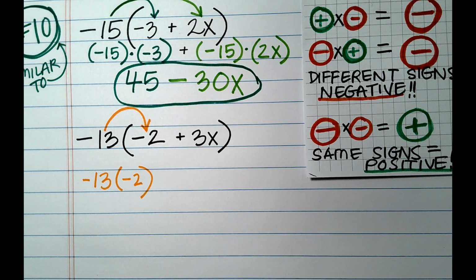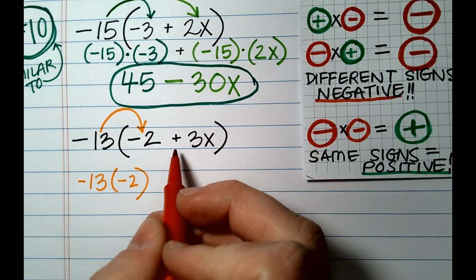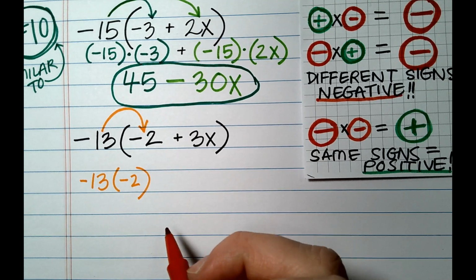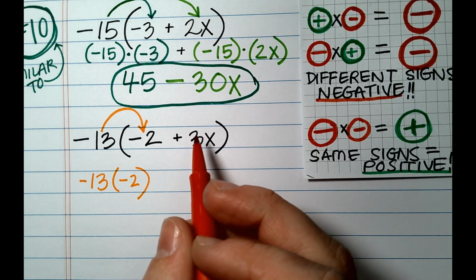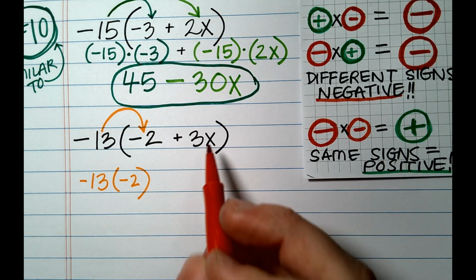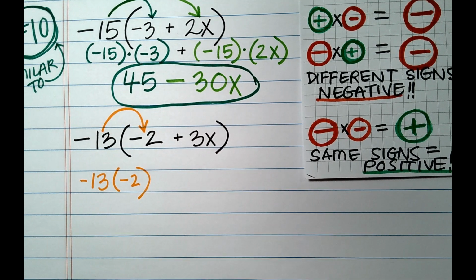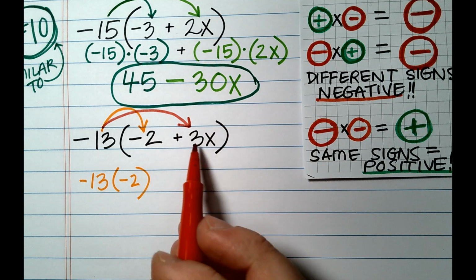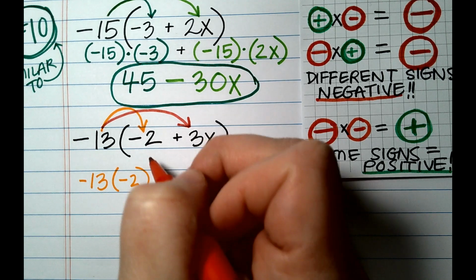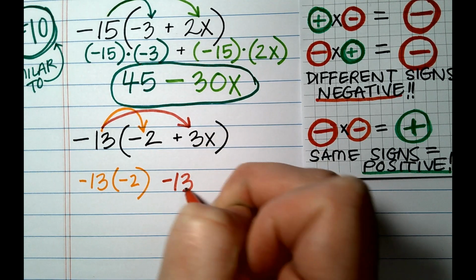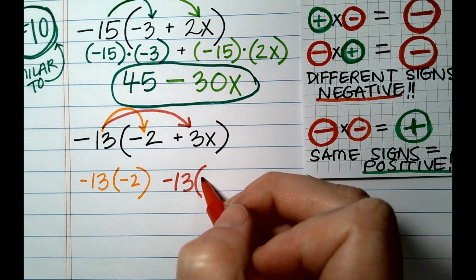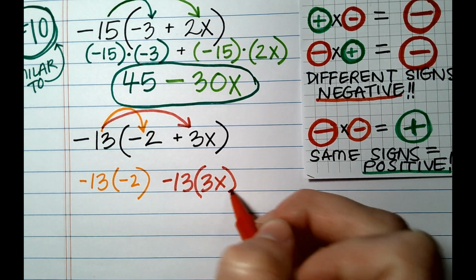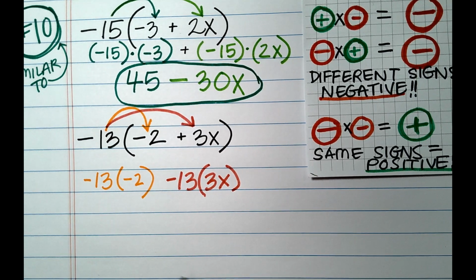Okay, so negative 13 times negative 2, and then what? Plus 3. Negative 13 times, that's plus 3x. Times 3x. Okay.